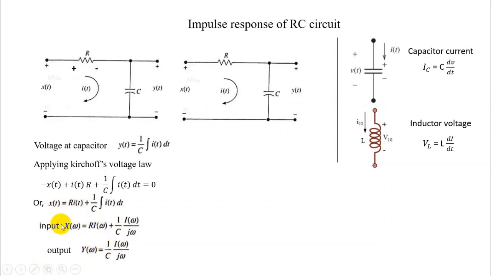Here the input is x(t), so if we take the Fourier transform, we will get the input in the frequency domain. This is the Fourier transform of the integration part. You can check the Fourier transform list in any textbook or online. You will get the Fourier transform of an integral part as just dividing by j omega.